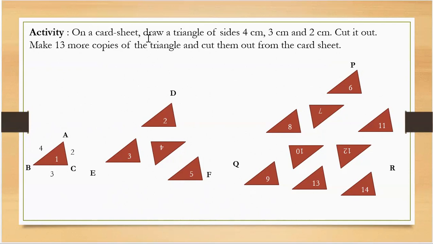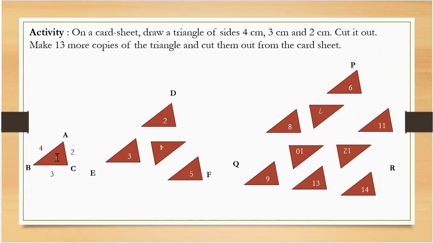On a card sheet, draw a triangle of sides 4 centimeter, 3 centimeter and 2 centimeter. That is triangle ABC. You have to cut such a triangle. One length is 4 centimeter, another is 3 centimeter, and the small length is 2 centimeter.